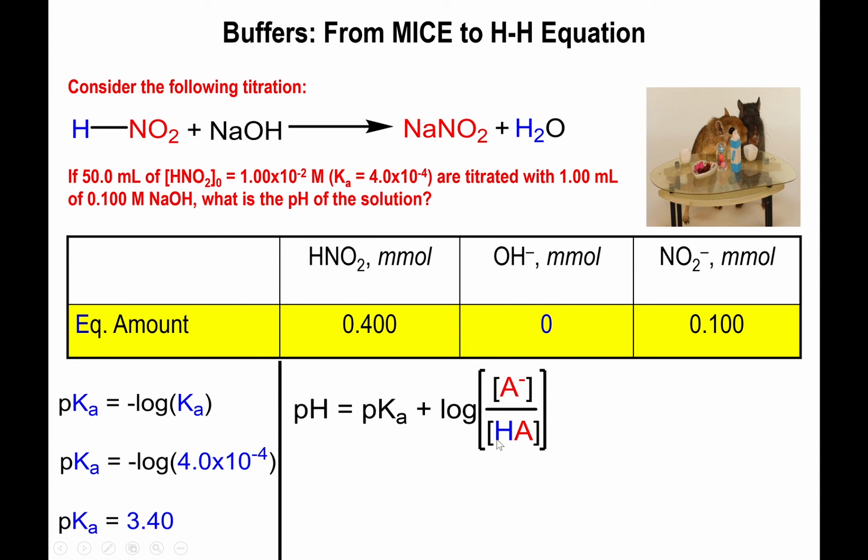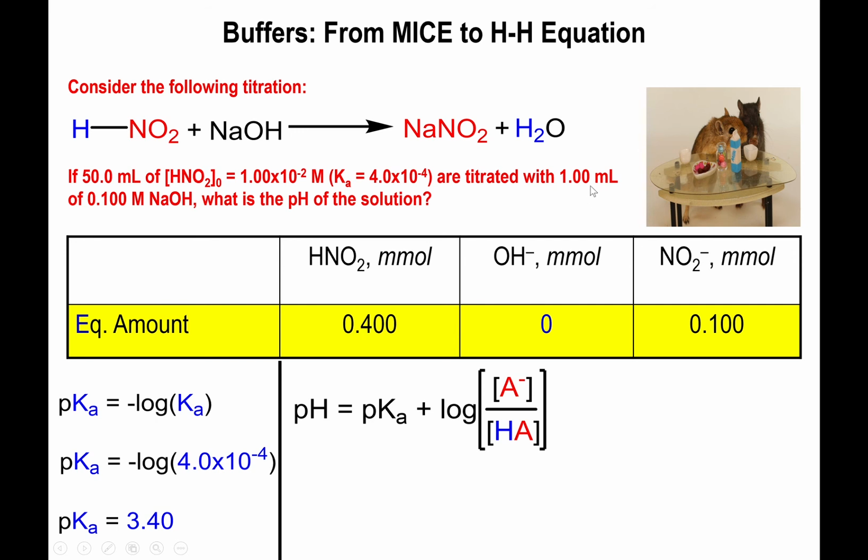Because in the Henderson-Hasselbalch equation you're dividing concentration by concentration, you do not need to change the millimoles back to molarity. That's something that you need to do for an ice table. The ice table has to be molarity. But with the Henderson-Hasselbalch equation, if you were to change this to molarity, you're going to be dividing the millimoles of HNO2 by some amount of volume. In this case, the volume will be 51, right?